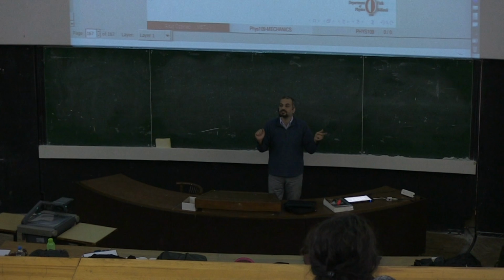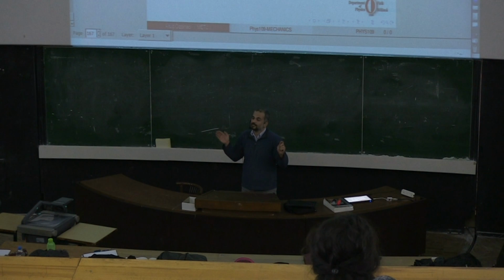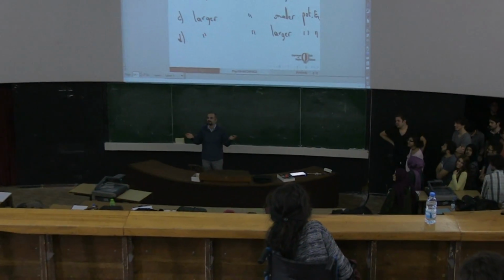So that's her explanation. Any objections to her explanation? Why do you disagree with her? Okay, if you agree with her, you should move here. If you are staying there, that means you disagree with her. So why do you disagree?